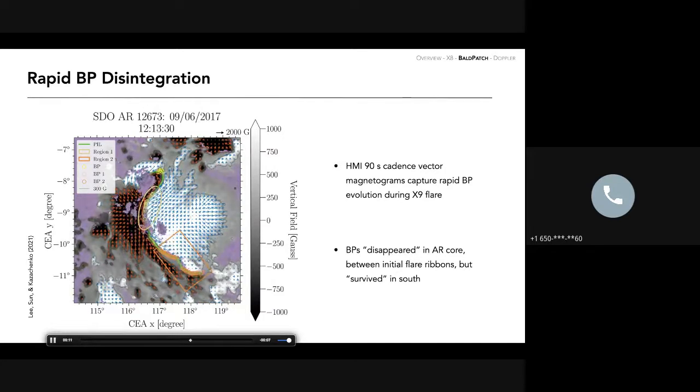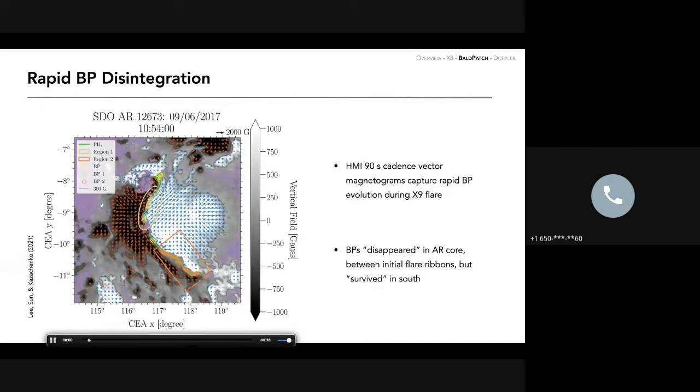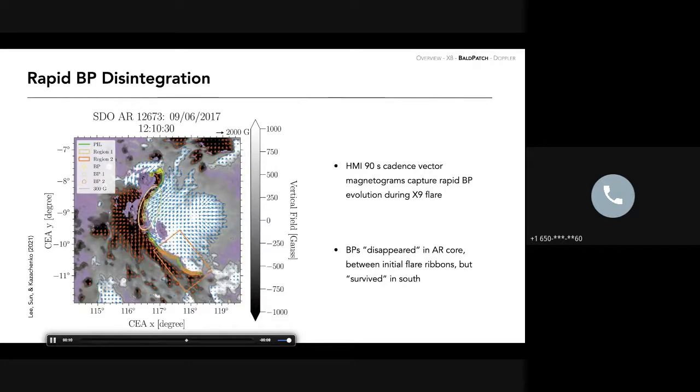It appears that in the upper part, in the main neutral line center, the bald patch disintegrated, quote unquote. In comparison, in the lower right, in the orange square rectangle, the bald patch remained similar and survived the X-class flare. Next slide, please.